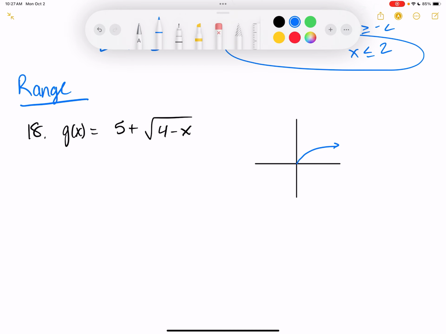So y equals, hold on, Josh, you may need to turn a stat plot off on your calculator if you have them on, because otherwise it'll cause a problem. Then you just type it in as it is, so 5 plus the square root of 4 minus x.